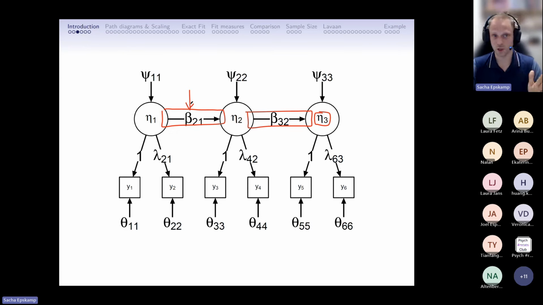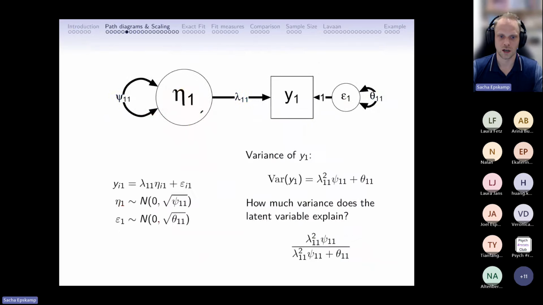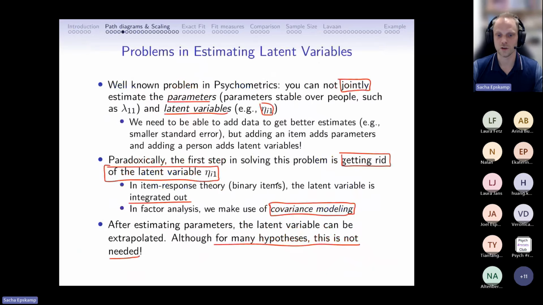If you do multi-group SAM modeling, which I don't talk about today, we can do group comparisons like t-tests at the latent level without ever having to estimate or measure the latent variable. If you want to test, for example, whether in a group the latent variable is above a certain threshold that you are interested in, you can also do that. So for many cases, we won't actually need to get the latent variables.